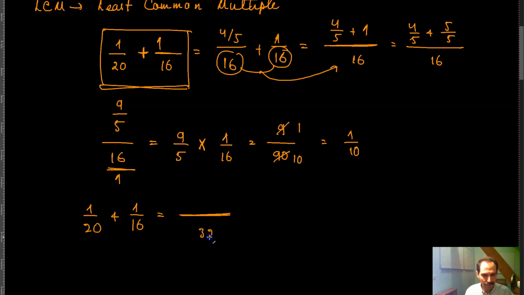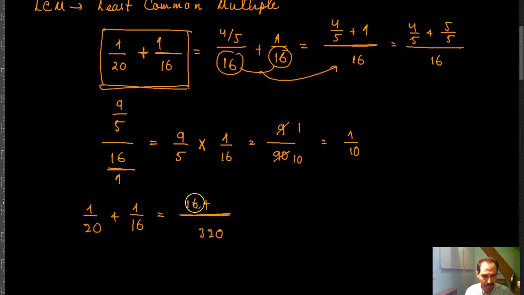That would be 320, and 320 is divisible by both of these numbers because it's a multiple of 16 and also a multiple of 20. So if I divide 320 by 20, I'll get a 16, and 16 times 1 is equal to 16. And so 16 divided by 320 is actually 1 divided by 20, right?